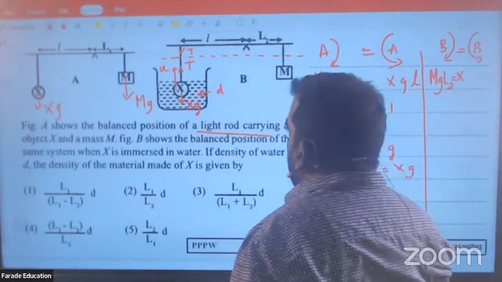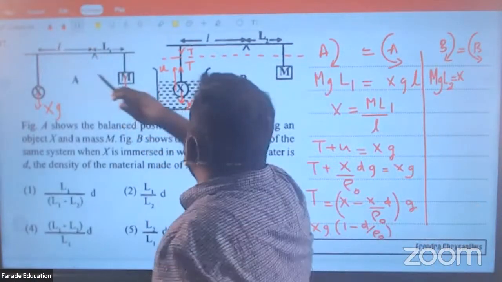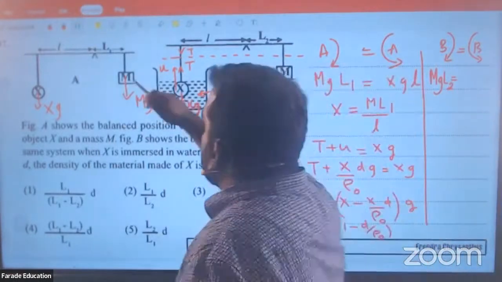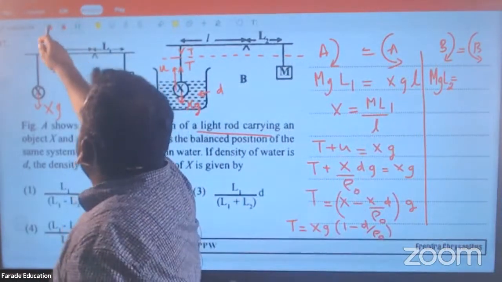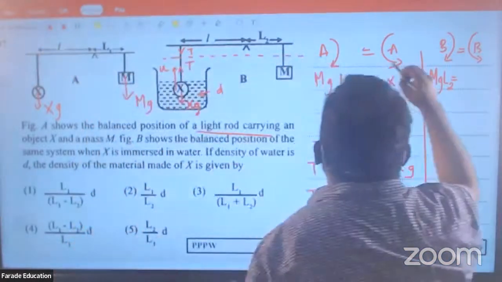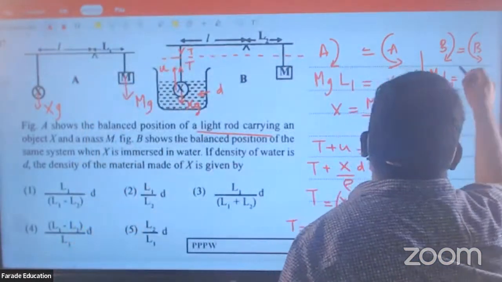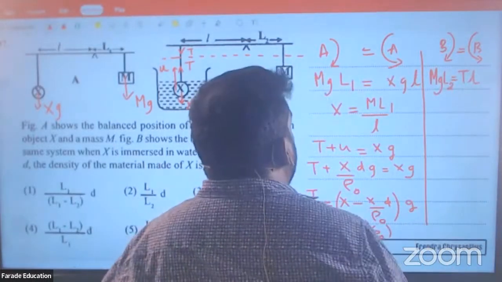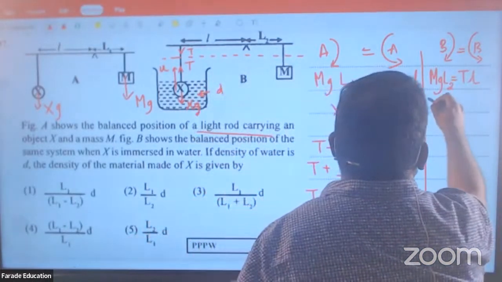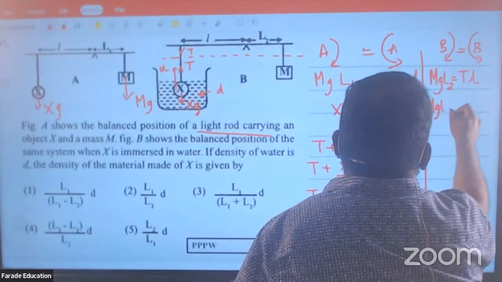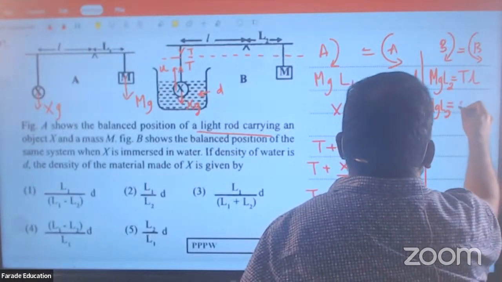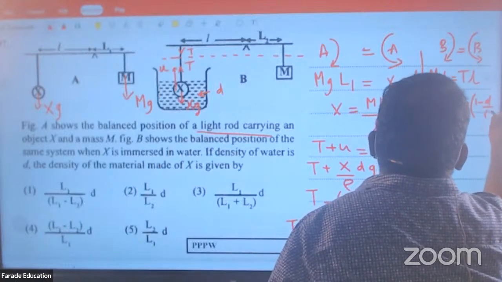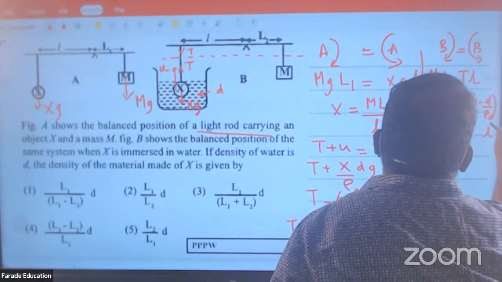Next is going to be the tension, tension times simple L. So Mg L2 equals tension, which is Xg times 1 minus D over rho naught, times simple L.